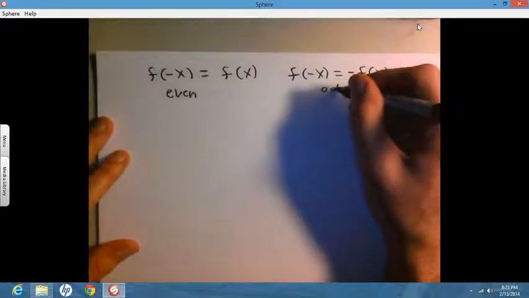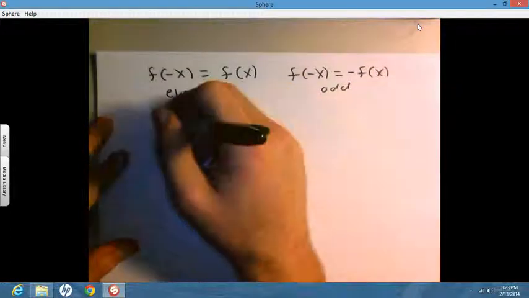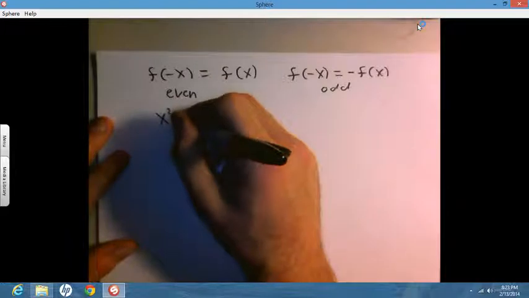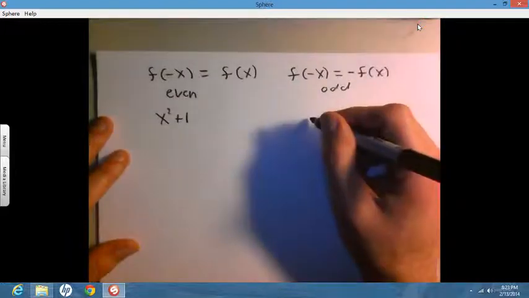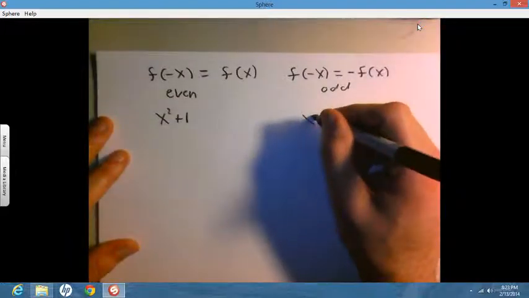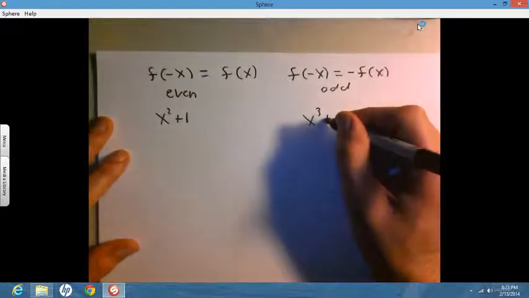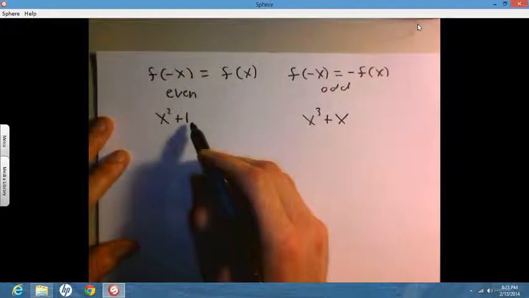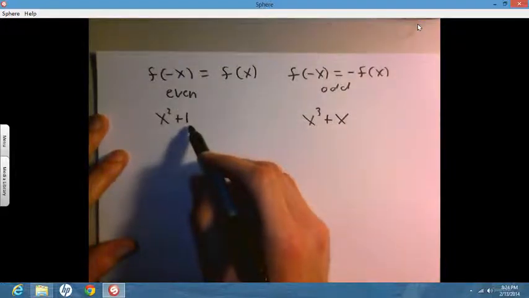An example of an even function would be, say, x squared plus x. An example of an odd function would be x cubed plus x, right? Notice that the constant 1 is an even power of x. x to the 0 is 1, right?